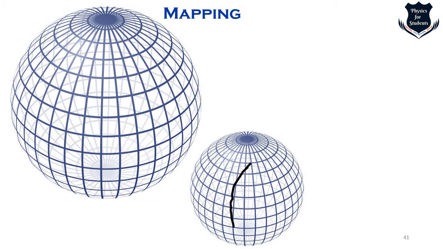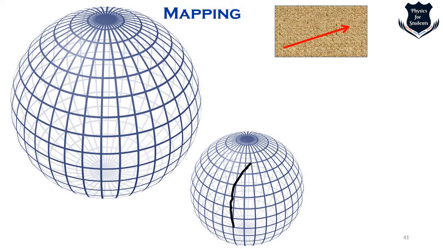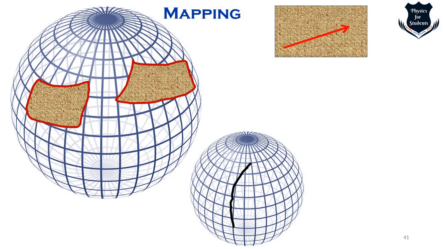Now see what we do. We get this rubber sheet, which is an unstretched rubber sheet, and we have a straight line, right? Now I will put this rubber sheet over here, another patch over here, another patch over here, and I will measure the lines.